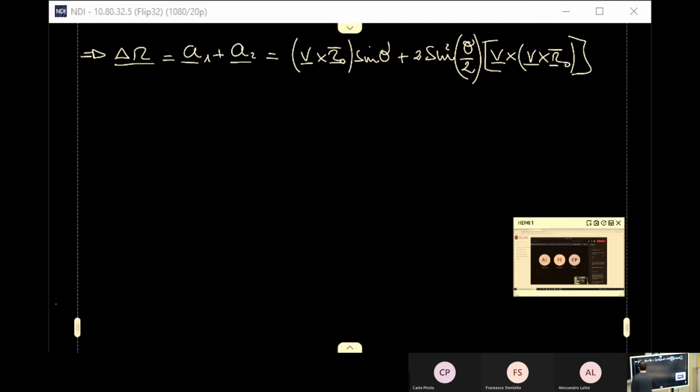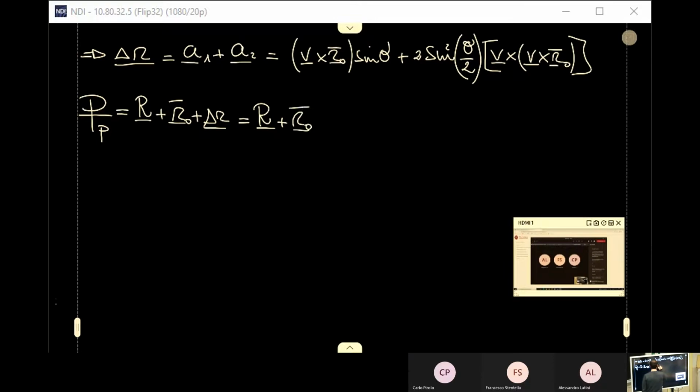Okay, so now we can finally answer the initial question of expressing the position of point P as a sum of what? R plus, we said, R0 over bar plus delta R, which is, well, we're just doing a sum, this here, okay?